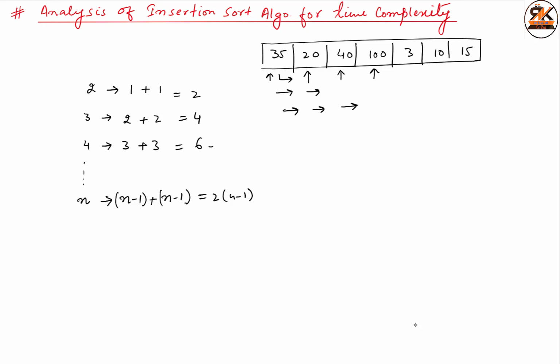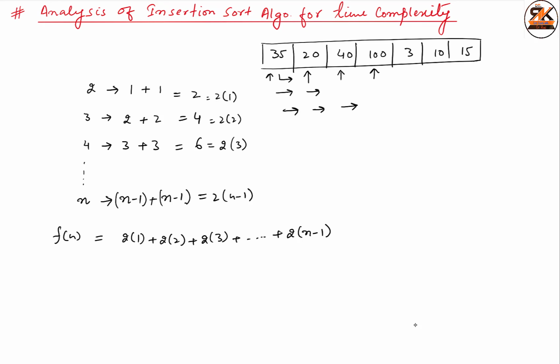So this can also be written as 2 into 3. Okay, this can be written as 2 into 2, and this can be written as 2 into 1. So in total the function for insertion sort can be represented as 2 into 1 plus 2 into 2 plus 2 into 3 plus so on up to 2 into n minus 1.